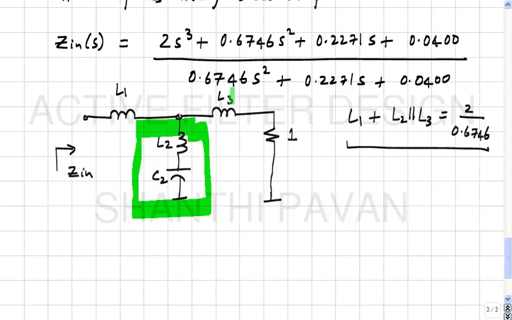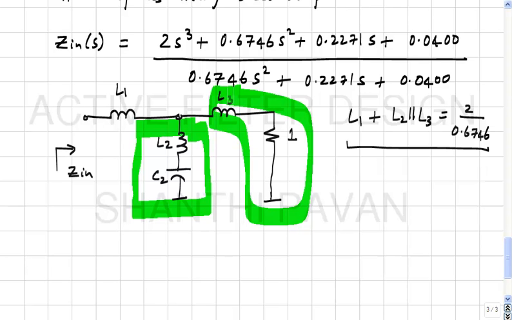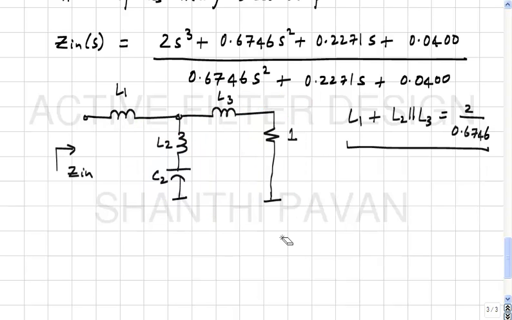And what about this arm? The series impedance is SL3 plus 1. So at very high frequencies, SL3 is much larger than unity. Therefore, you can approximate this by simply SL3. So is that clear? The equivalent impedance looking in at high frequencies is therefore L1 plus L2 parallel L3.